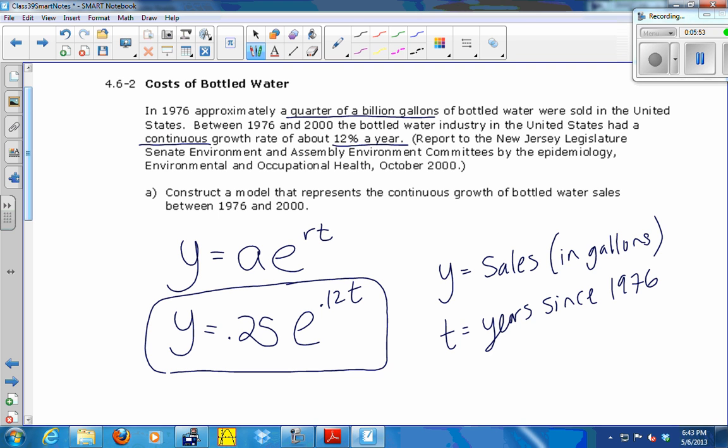If I wanted to write it in a times b to the t form, a would still be 1/4 billion, and for b, I would just do e to the 0.12, and that would give me my growth factor.